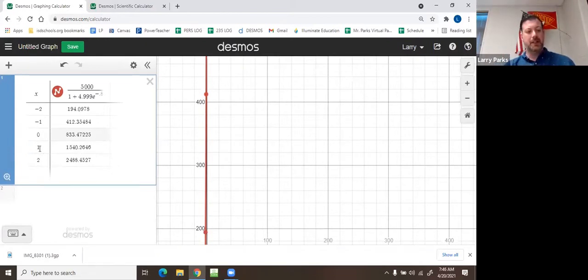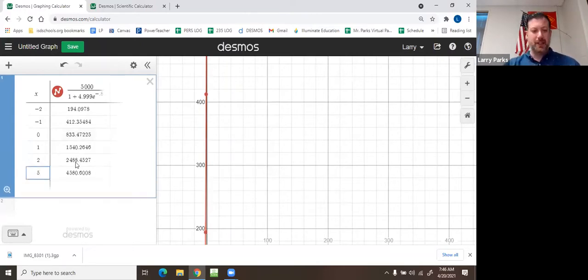But really all they wanted us to do is type 5 in. And according to this, which I don't necessarily agree with their equation, after 5 days there would be 4,580 people infected. It honestly doesn't make sense.